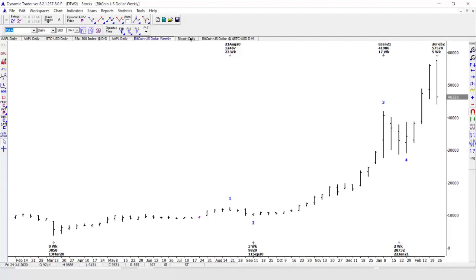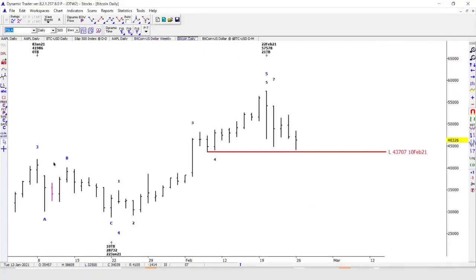So here's our daily data. Here's the wave 3 high that we had on the weekly chart. Then this beautiful ABC correction, and then up into that outside to close reversal week in February. And again, anybody that looks at this chart is going to say 1, 2, 3, 4, 5. It's that simple.